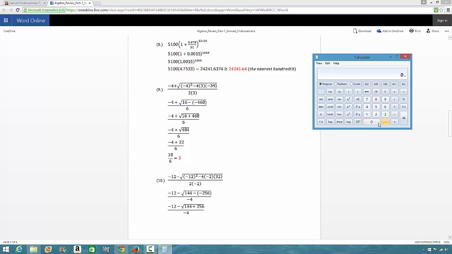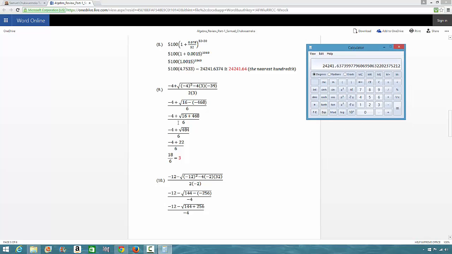So 0.078 divided by 52 equals, okay, plus 1 equals, then the exponent 1040 equals, okay, then times 5100 equals. All right, so this is what you have, and you round it to 2 decimal places. It gives you 24241.64. Does that make sense?